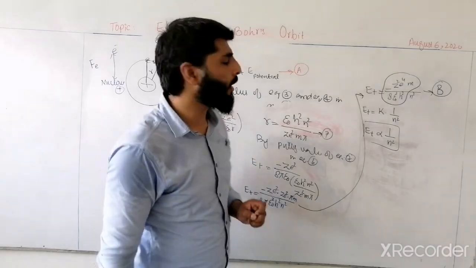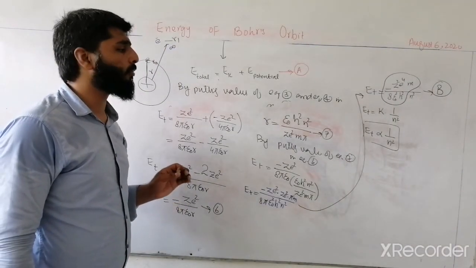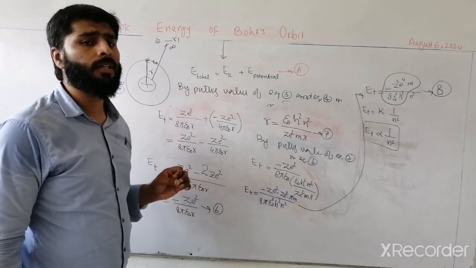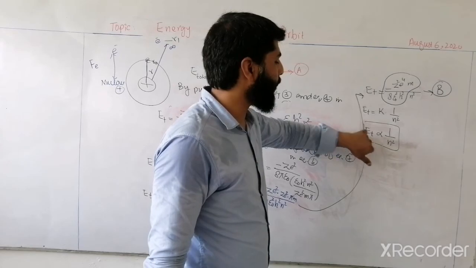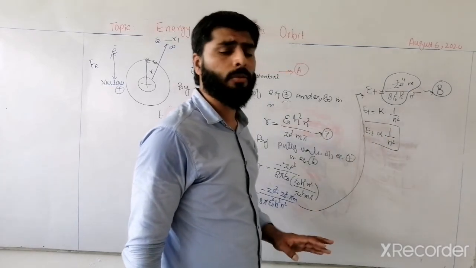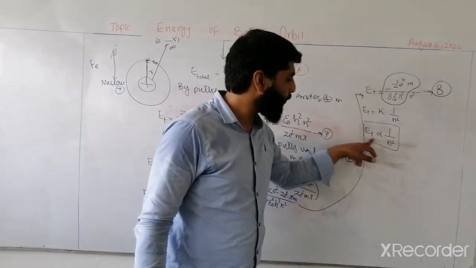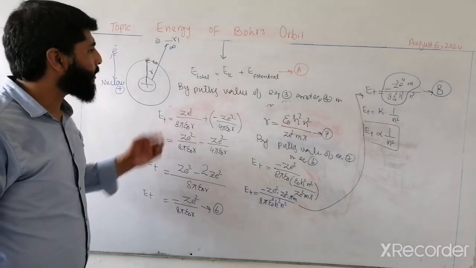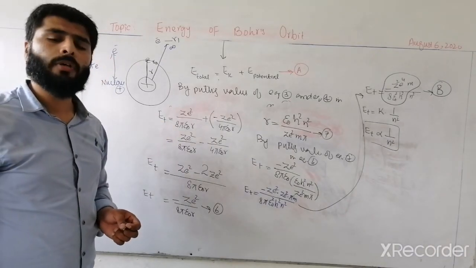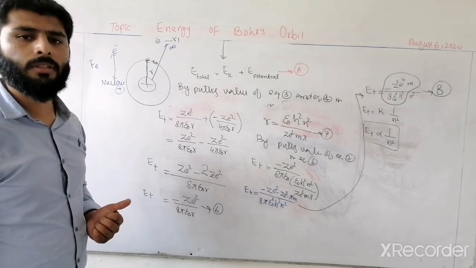As you have read in Bohr's postulate, the farther the electron from the nucleus, the more energy it will have. So keep in mind that energy is inversely related to the number of shells. This is the calculation of energy. Hopefully you have got the concept. For any query you can ask questions. Thank you so much. Allah Hafiz.